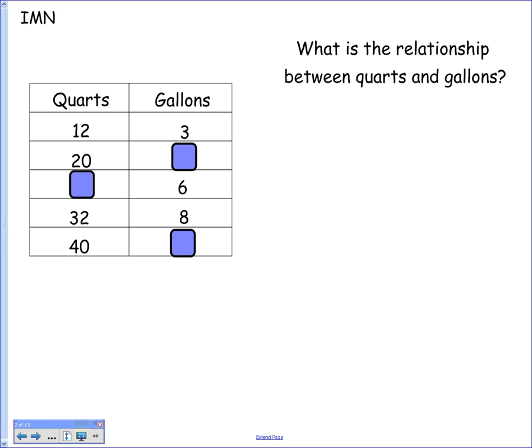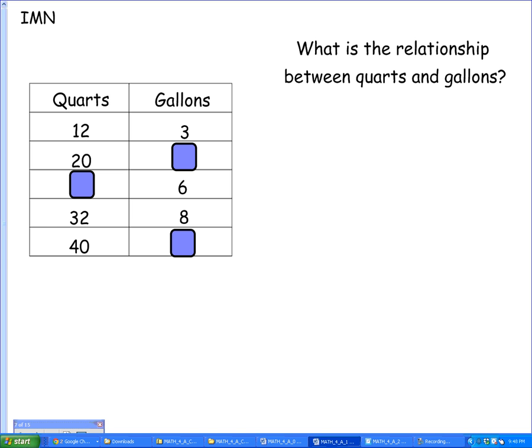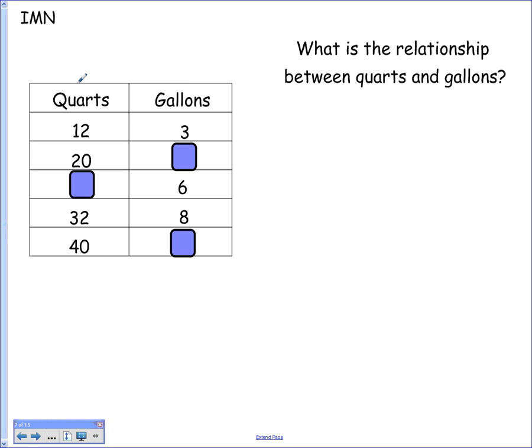Okay, quarts and gallons. If I'm looking on my mathematics chart, I know that there are 4 quarts in 1 gallon. So if I want to go from gallons to quarts, times 4.